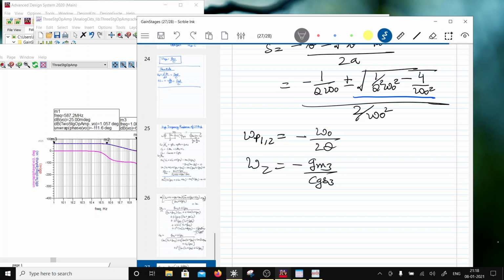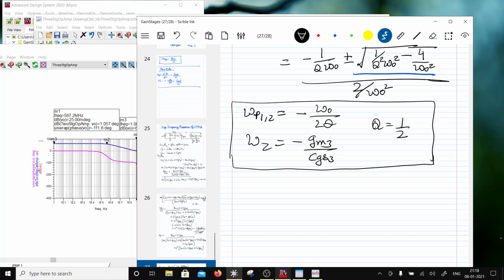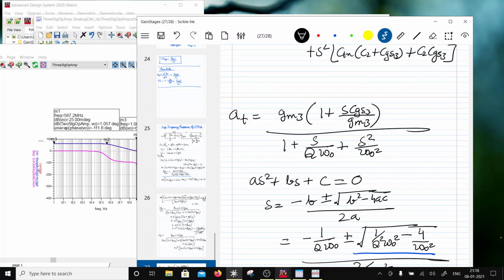This is under a condition that Q is equal to half. In that case, this term will become 0. So when Q equal to half, you have two real poles and there is no question of oscillations or ringing.